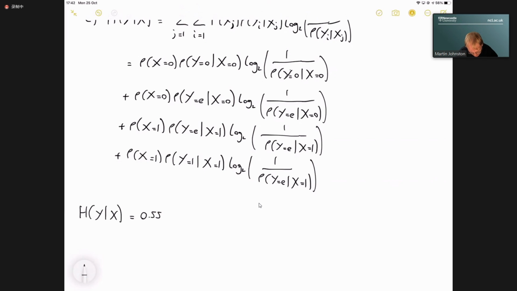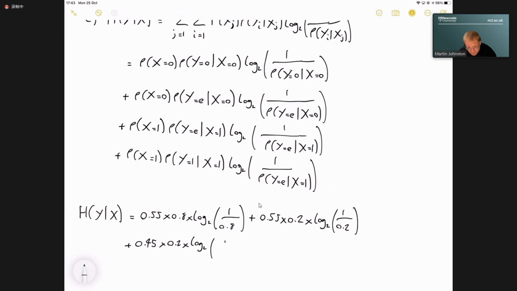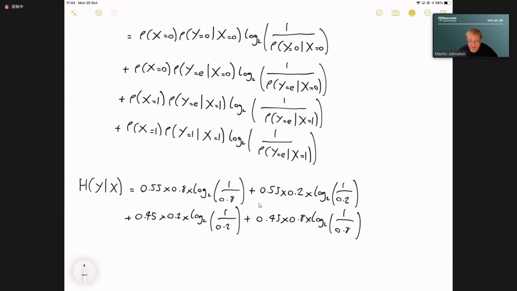Let's do that very quickly. So put all the numbers in for those 4 terms.